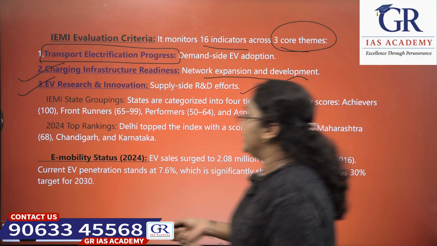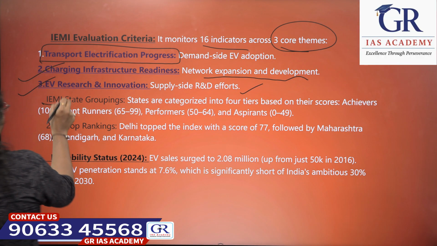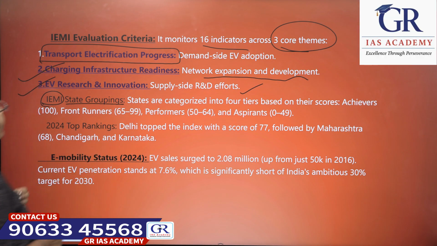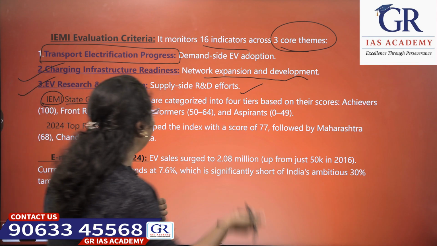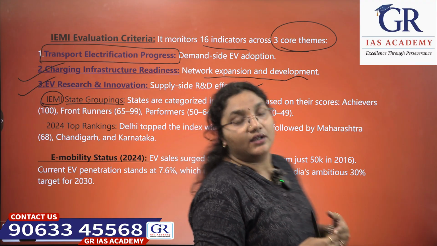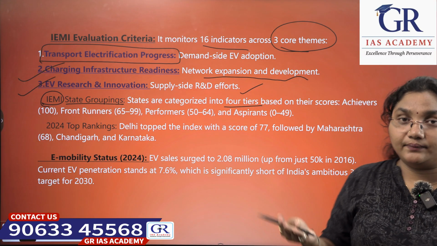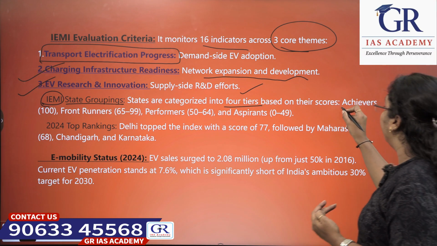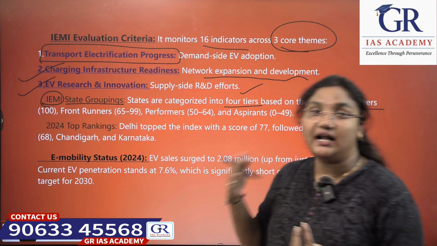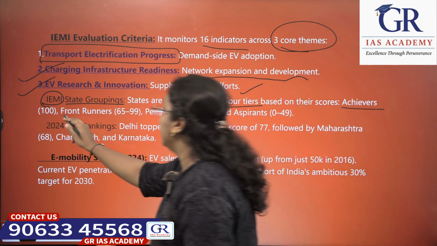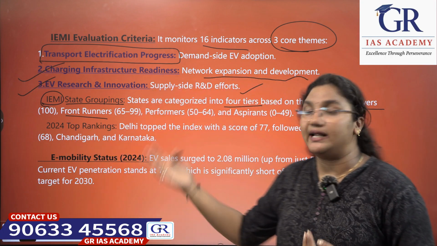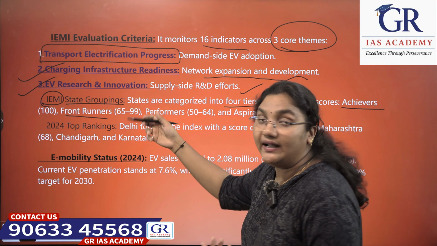Now see the IEMI state groupings. How are these states grouped? These states are categorized into 4 tiers based on their score. First is achievers, which means 100% score. Next is front runners, with 65 to 99.